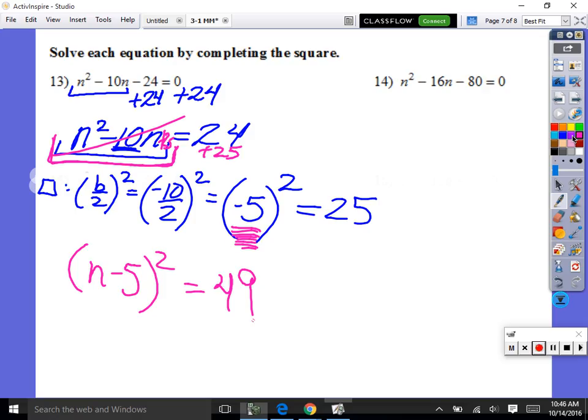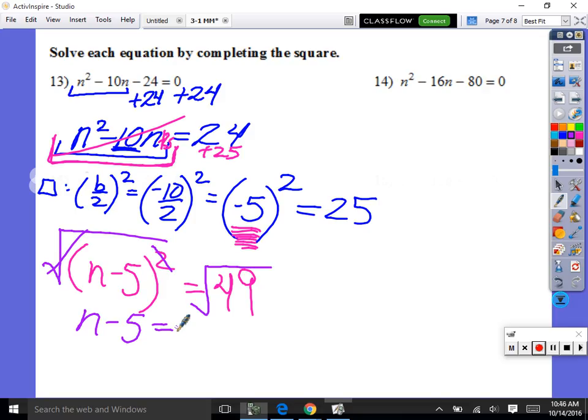So now you'd look and say, I need to get this n alone, so it's trapped inside the square. What undoes a square? A square root. I have to do that to both sides of the equation. So on this side, root cancels out with power, leaving me with n minus 5. Now you'll take your calculator, type in the square root of 49. 7.